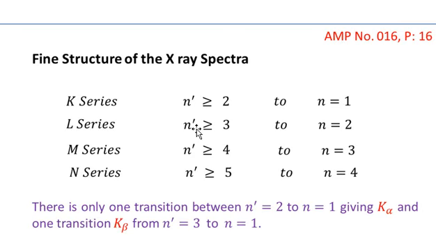And when n prime is equal to 4, then the transition from n prime is equal to 4 to n is equal to 2 will give you L beta, and similarly. So you see that I have shown the base levels of all of these series, and I have also shown these higher levels represented by the principal quantum number n prime.